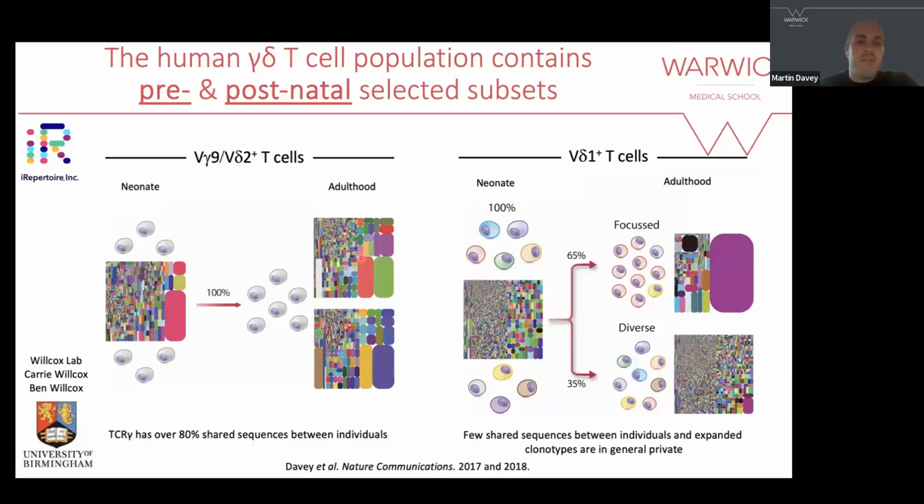So not really old, but very established into adulthood. And one of the key things that we found within these repertoires was that the V gamma 9 V delta 2 cells didn't really change a lot between a neonate and an adult, and had over 80% of the shared sequences between separate individuals. And we've done this on quite a scale now, and it's holding quite true.